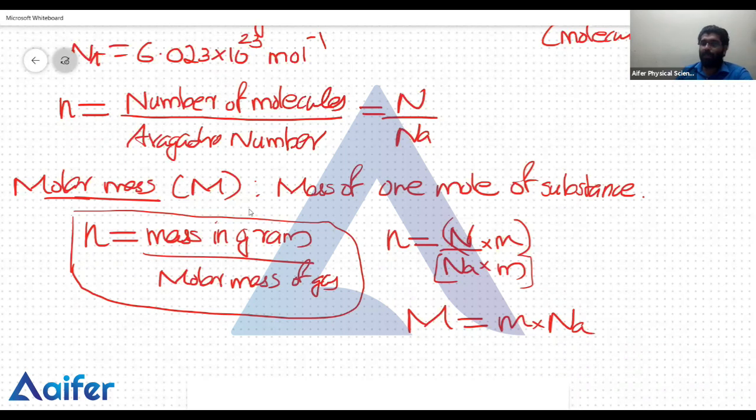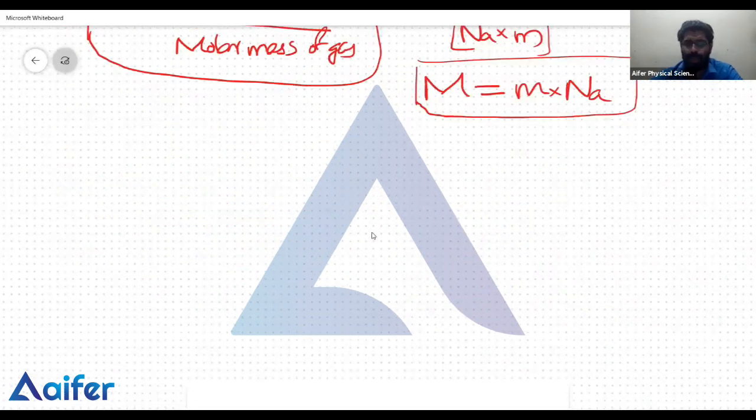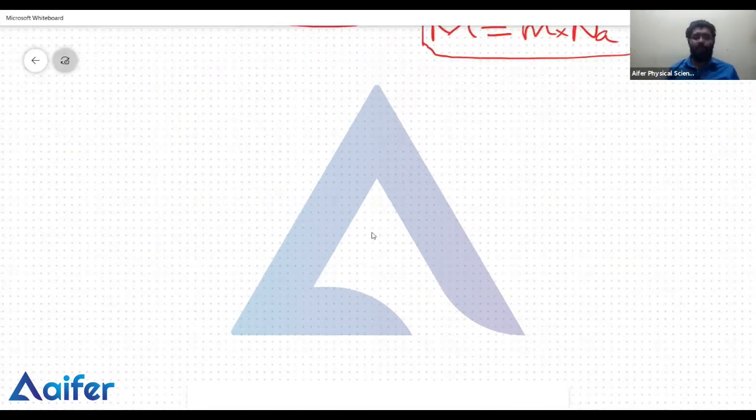This is mass of Avogadro number of molecules, 1 mole of substance. This is molar mass. Okay, that's it. This is all about our Avogadro law, and we will come back to the discussion of moles later.